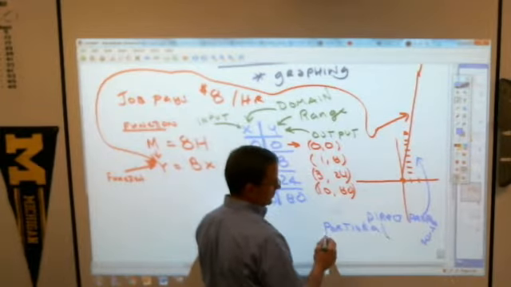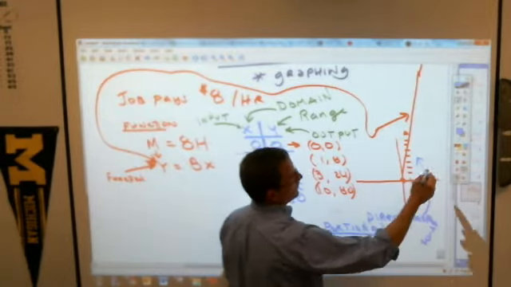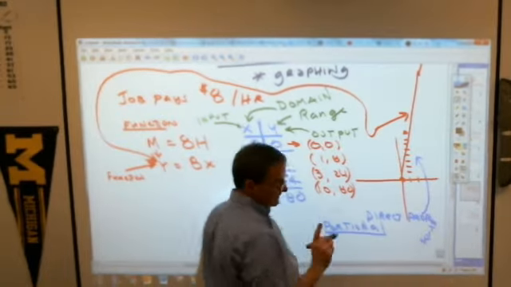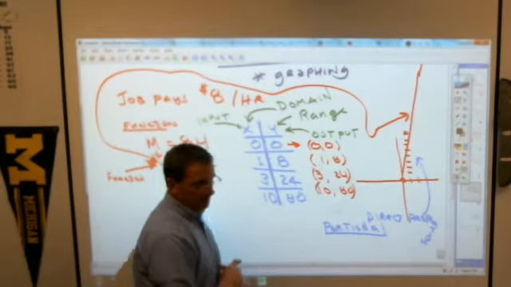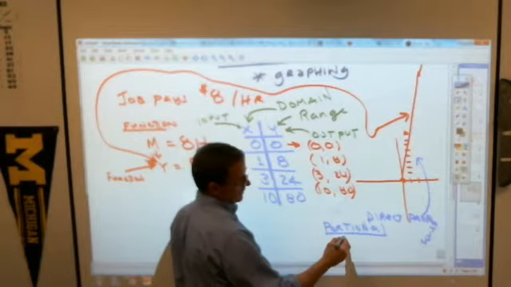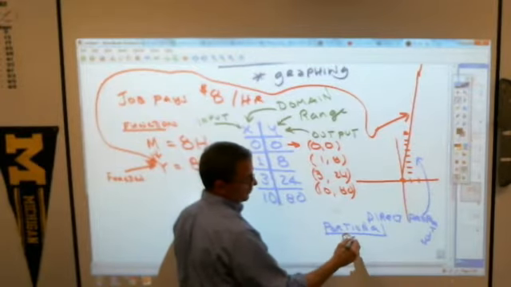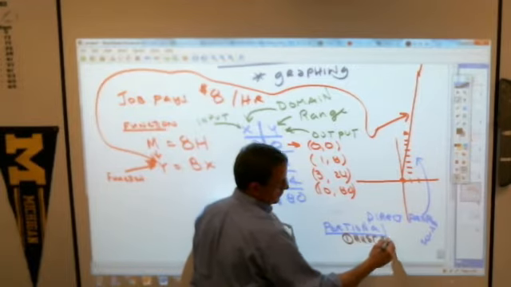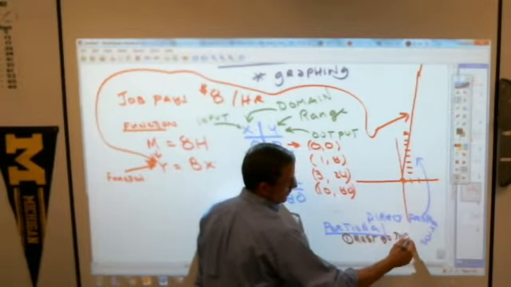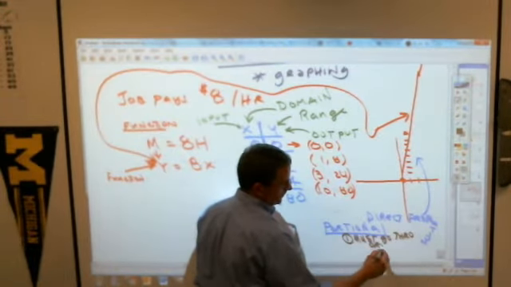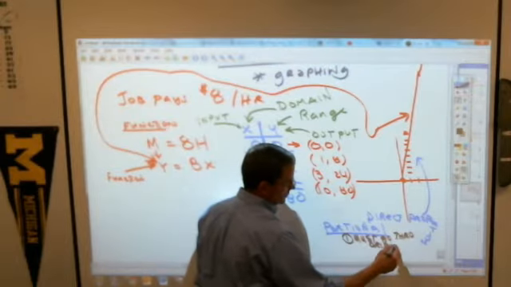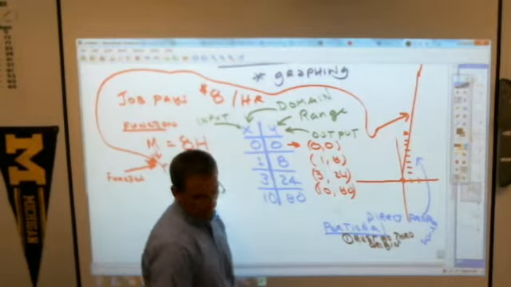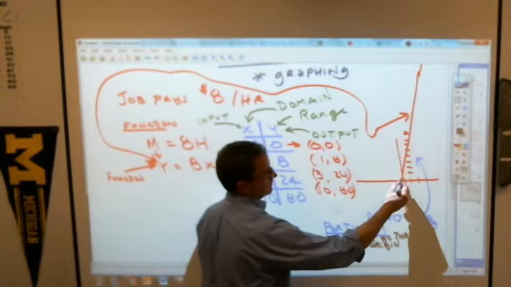Have we talked about proportional things before? No. Two things have to happen for a line to show you a proportion. Number one, it must go through the origin. And we all know the origin is where? This point right here.